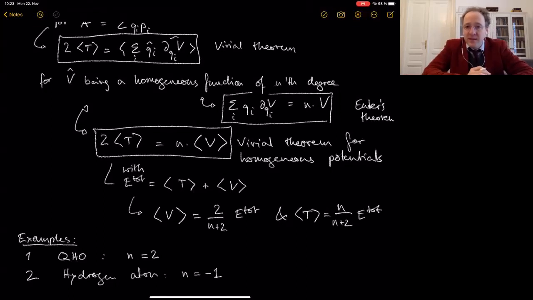So that's a general thing. This 1 over r behavior leads to n equals -1. And from that, we see that 2T should be minus the potential energy.